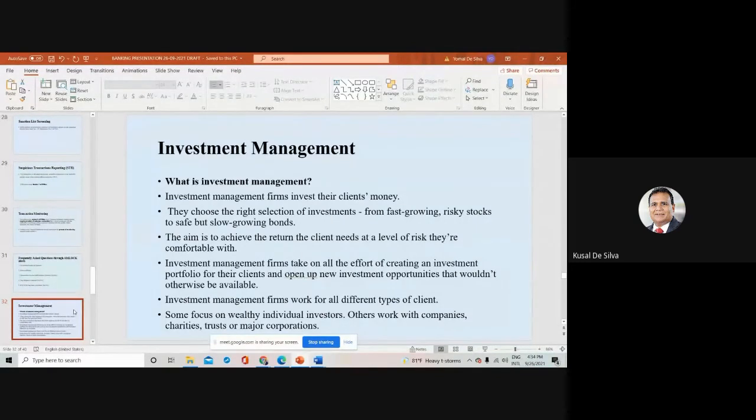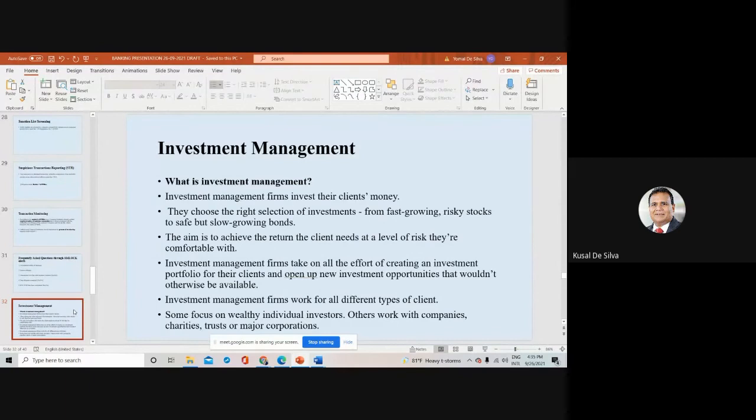Sometimes a client may require longer term investment, short term return, or medium term return, and the client's risk appetite may be different. So based on that, the investment manager needs to select the right investment for his client.